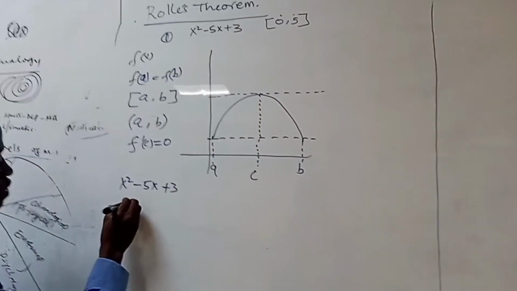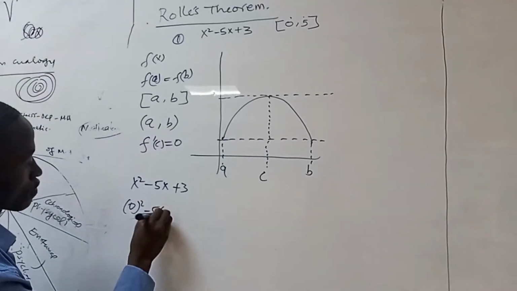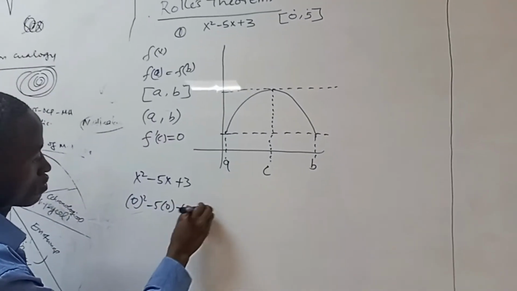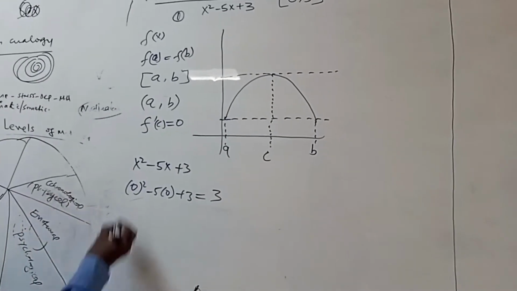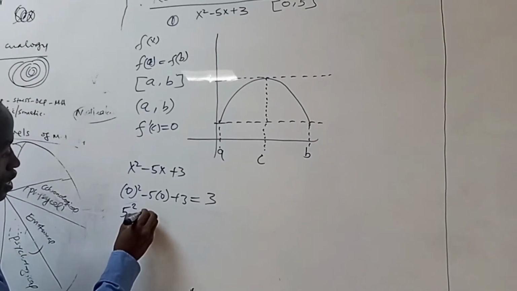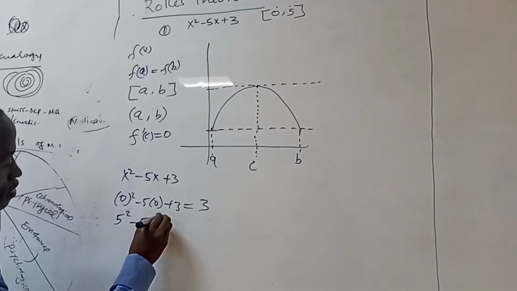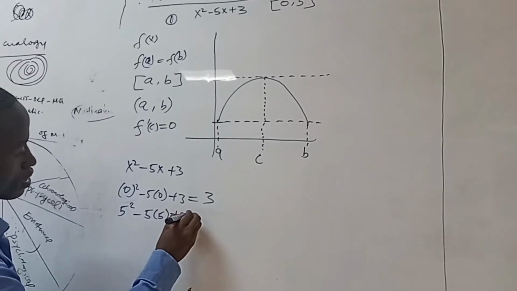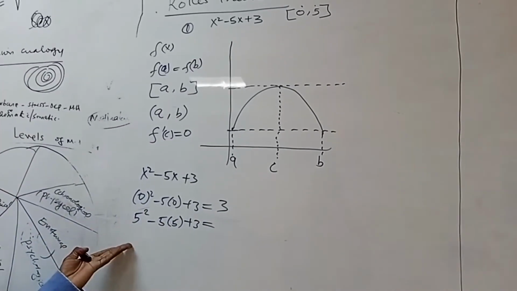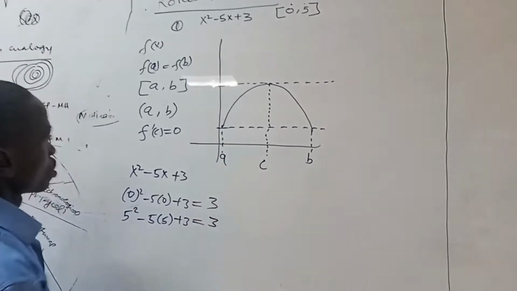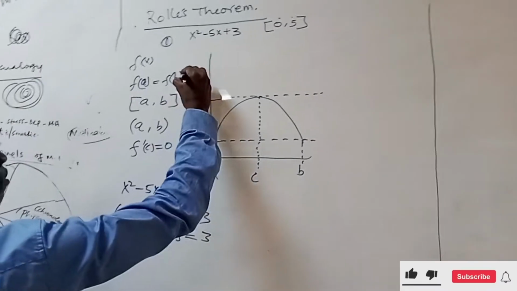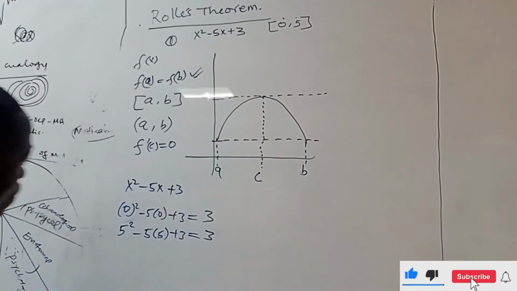So it is 0 squared minus 5 into 0 plus 3, which is giving us 3. Then 5 squared minus 5 multiplied by 5 plus 3, it is 25 minus 25, which is 0, plus 3, so you are getting 3. So the first condition is accepted.